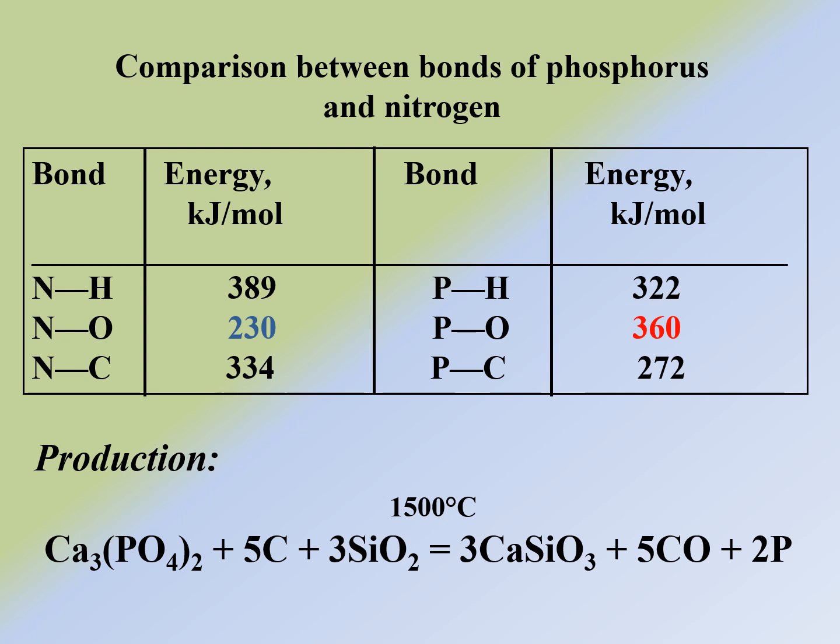At the bottom of this slide there is an ancient way to produce phosphorus. They take phosphorite, means calcium phosphate, some coal and some silicon dioxide. Everything from today's lecture, by the way. When they heat it together, they form calcium silicate, actually a glass, yes, and CO, that's carbon monoxide, so it was dangerous for them to do it, and phosphorus.